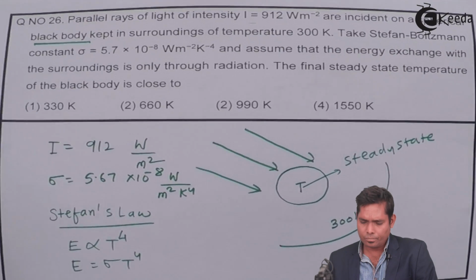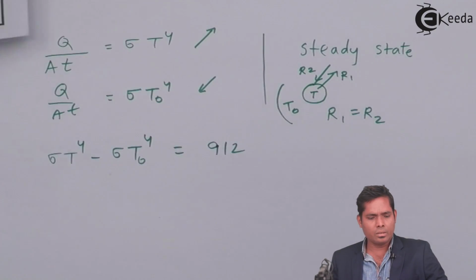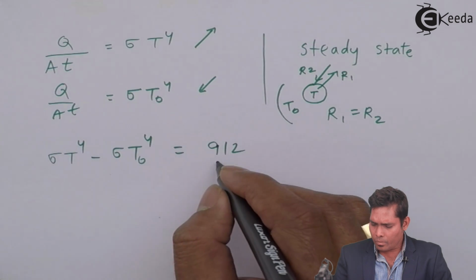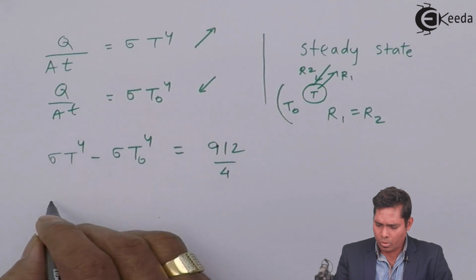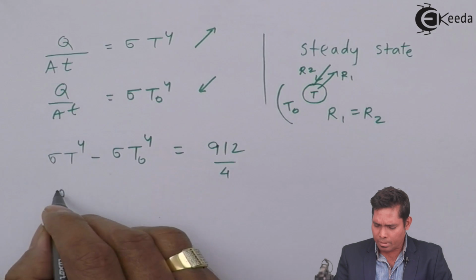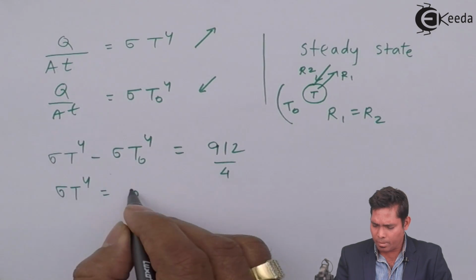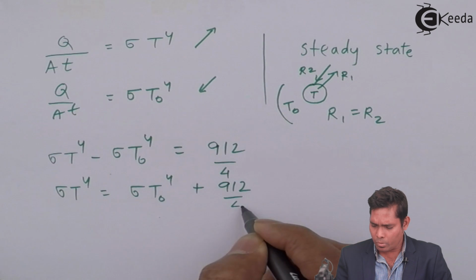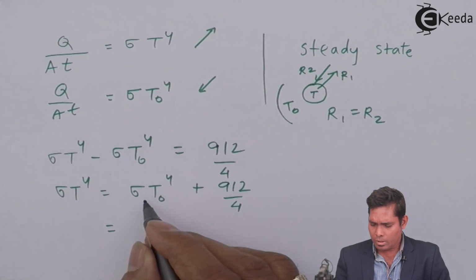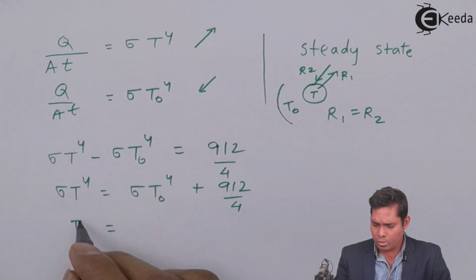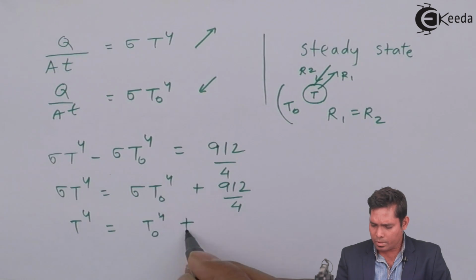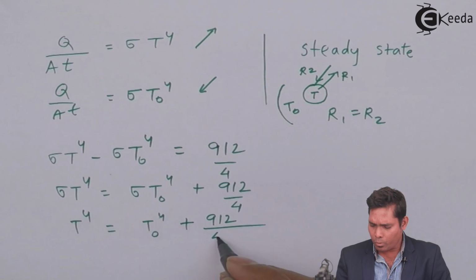That divided by 4. So from here, sigma T raised to 4 is sigma T naught raised to 4 plus 912 divided by 4. If I divide by sigma, then T raised to 4 is T naught raised to 4 plus 912 divided by 4 sigma.